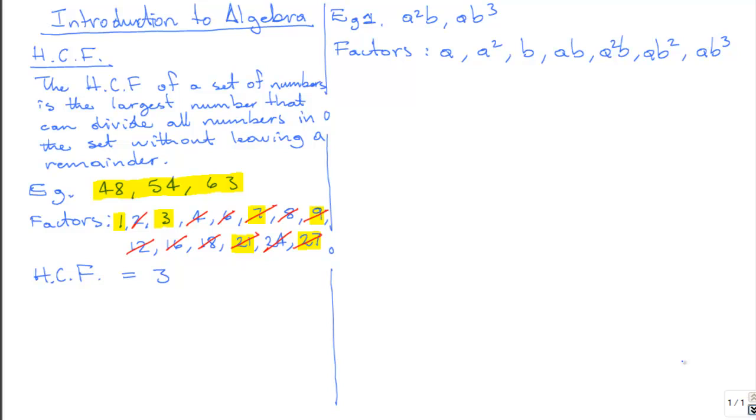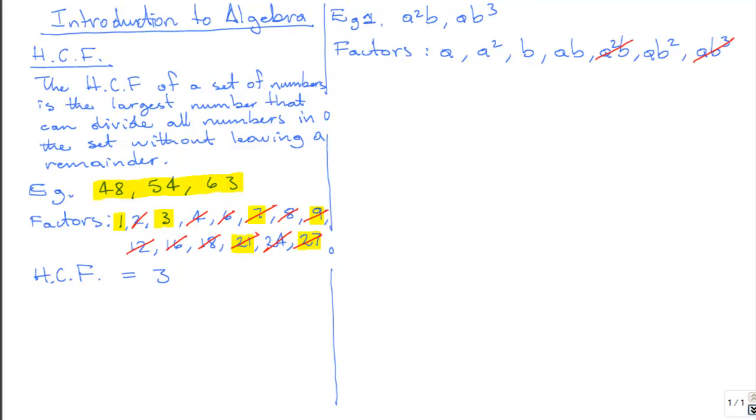Let us eliminate the factors that are not common. We can eliminate a squared b immediately because a squared b is a factor of a squared b but not a factor of ab cubed. Also, we can eliminate ab cubed, being a factor of itself but not a factor of a squared b.